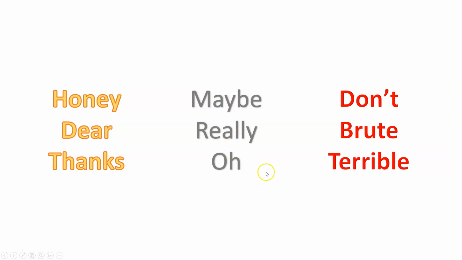And 3 were meant to convey disliking, like don't, brute, terrible. The thing about the pronunciation of these words was that each word was pronounced in 3 different ways. So the word honey was pronounced in a positive, a neutral, and a negative way, and the same with all the other words.